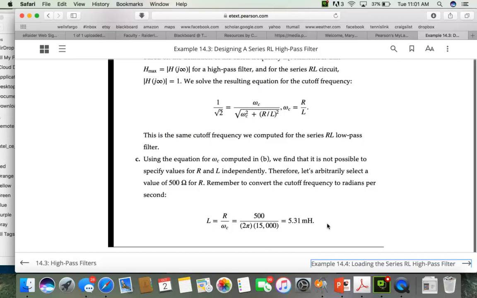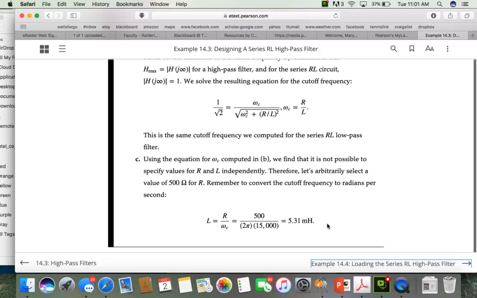Now, I do want to make a couple of comments about the materials and the way they're presented in the book. First of all, typically in an actual design problem, you are choosing the value for L because you have a little less leeway with choosing an inductor value unless you're actually winding it by hand.